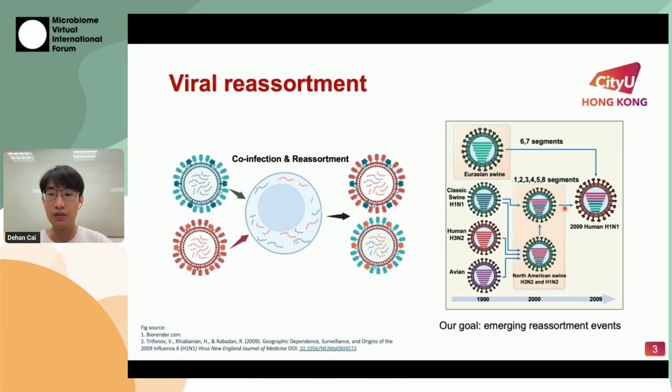For example, in 2009, a novel reassortant strain caused the 2009 flu pandemic. Because influenza continues to evolve and reassort, it is very important to monitor and identify reassortment events to help us prevent potential pandemics.